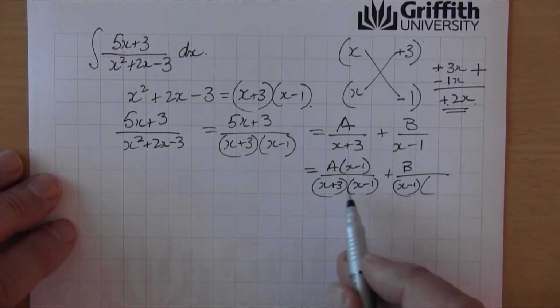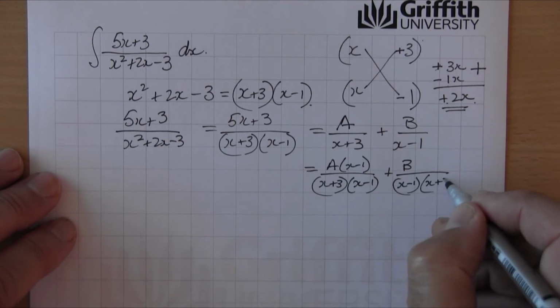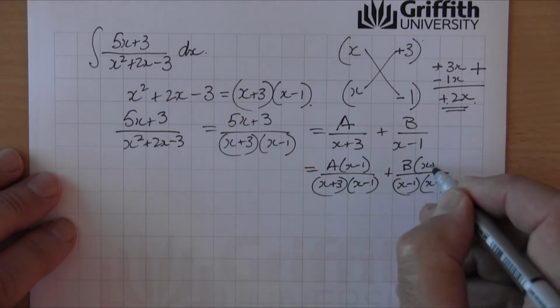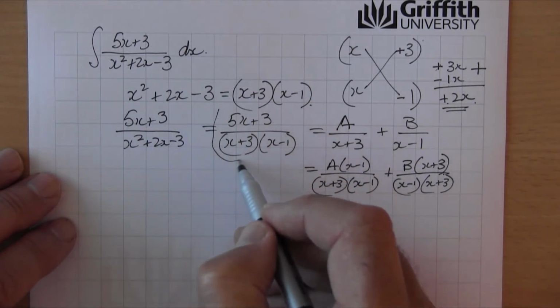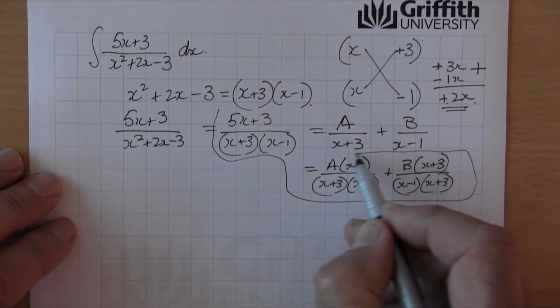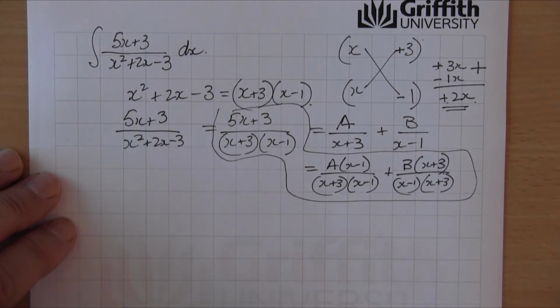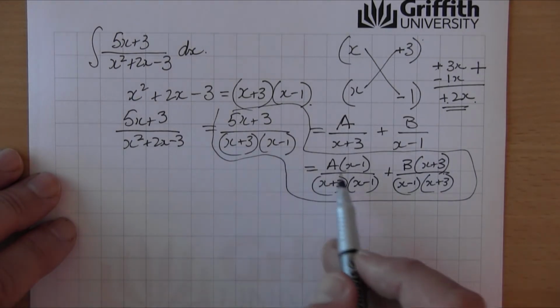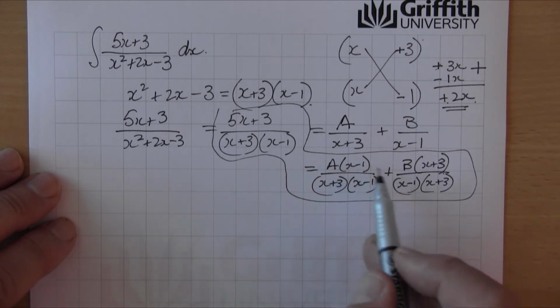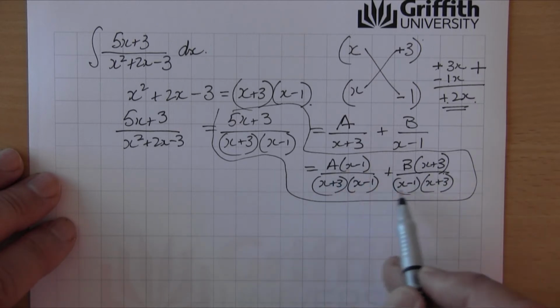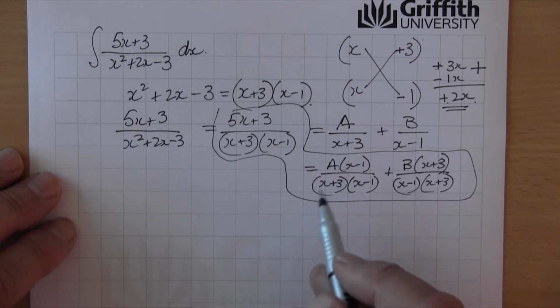To make it the same denominator, we multiply top and bottom by x plus 3. So if the denominators are the same, we can combine them into one fraction, that plus that all over that one.